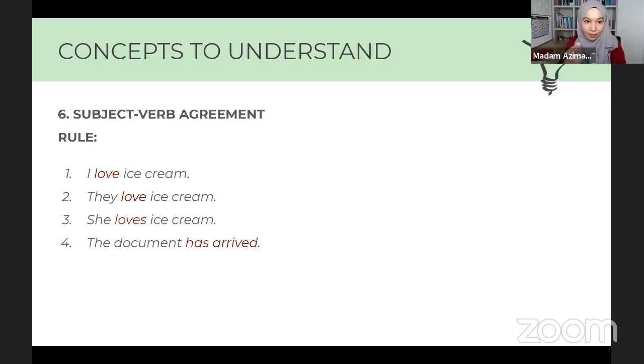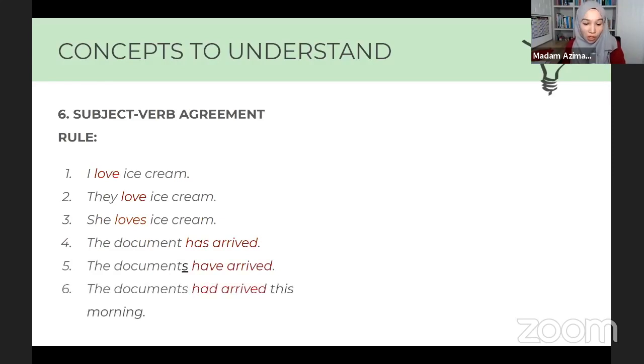The verb has must agree with the document. It cannot be have. Instead, if you want to put have, you have to put the documents, plural. The documents have arrived. Okay, I hope this is not tricky for you. I hope it's easy. The documents had arrived this morning.